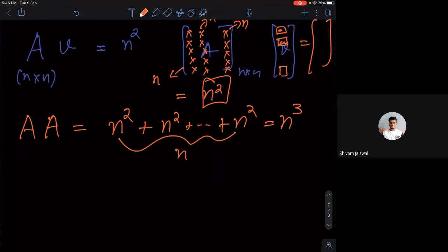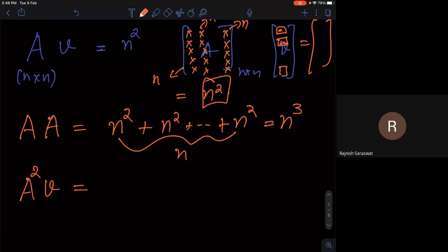Okay. Now, I am interested in doing, let's say, A cube v. How many multiplications are required? Let's do it for A square v first. How many multiplications are required?